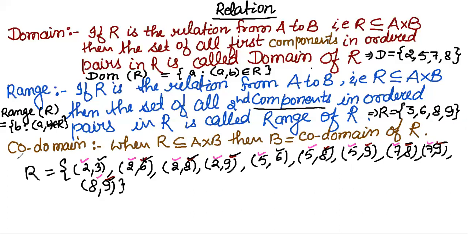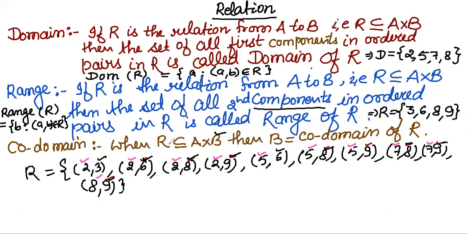Now the third term here is codomain. When R is a subset of A cross B, the Cartesian product of sets A and B, then the second set B is always the codomain of the relation R. I hope it is clear for you all.